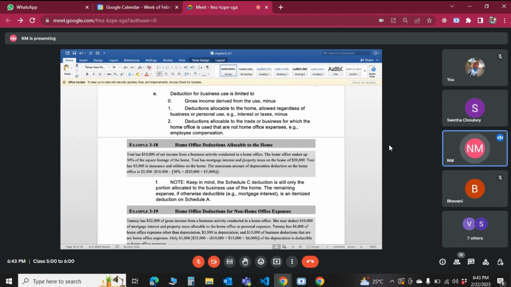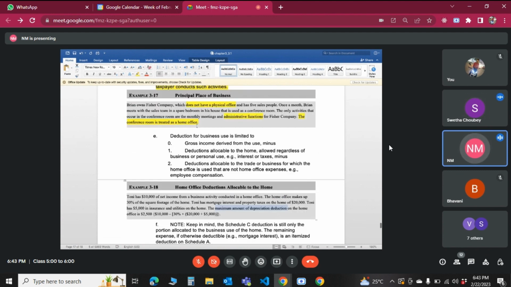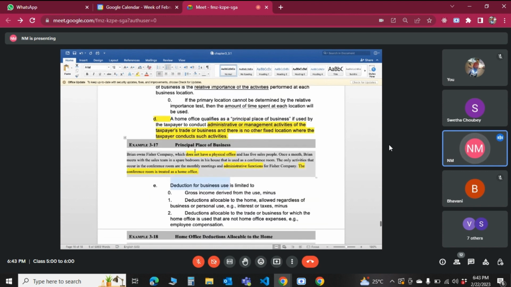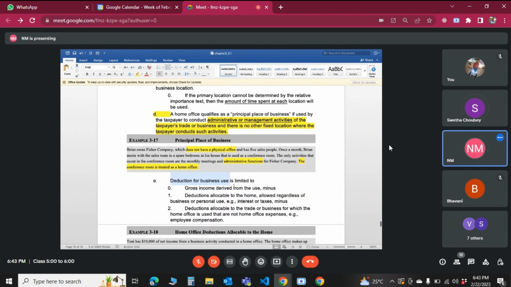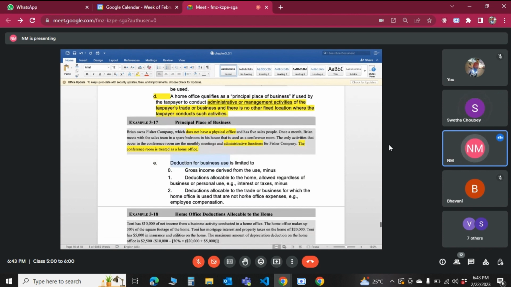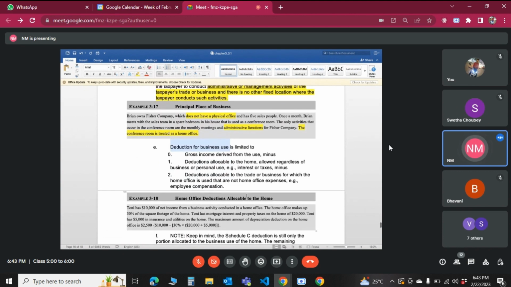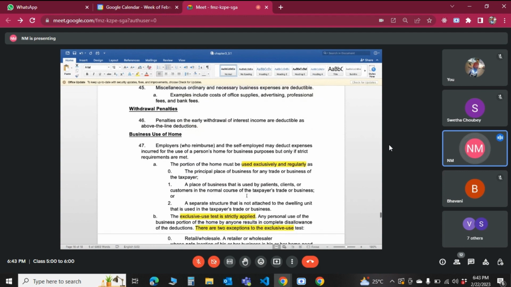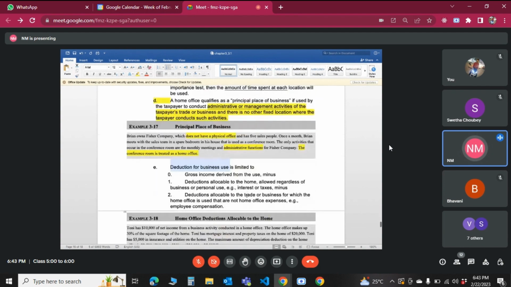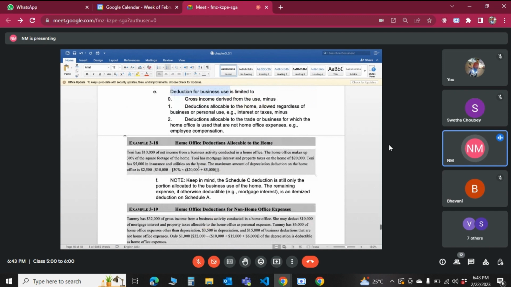So what they're saying is 2,500 can be claimed as the maximum amount towards depreciation deduction because the deduction cannot go negative. It is limited. The deduction is limited to gross income derived from the business minus the expenses. So we cannot take that as a negative. We have to see what the gross income is, and only that much can be taken as a deduction.